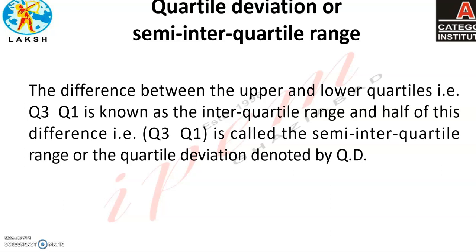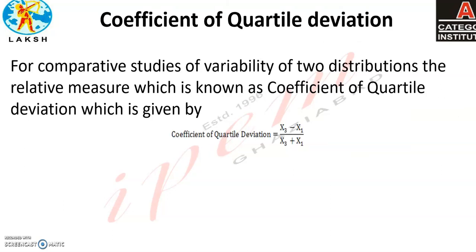The difference between upper and lower quartiles, that is Q3 minus Q1, is known as the interquartile range, and half of this difference, that is Q3 minus Q1 divided by 2, is called the semi-interquartile range or the quartile deviation, denoted by QD. Right?